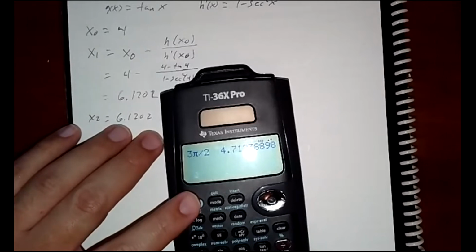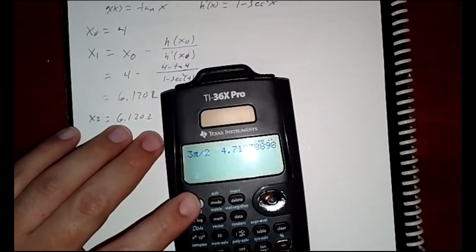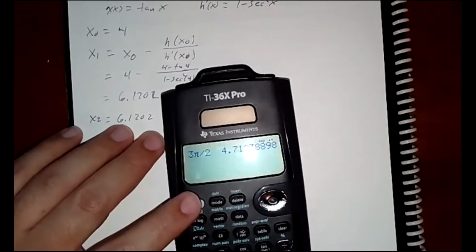So I don't want to get too close. I don't want to be too far away. So I'm thinking using 4.5 might be better. I used 4 thinking it'd be fine, but clearly was not fine. I'm supposed to be getting closer and closer to 4.49. And that didn't happen.